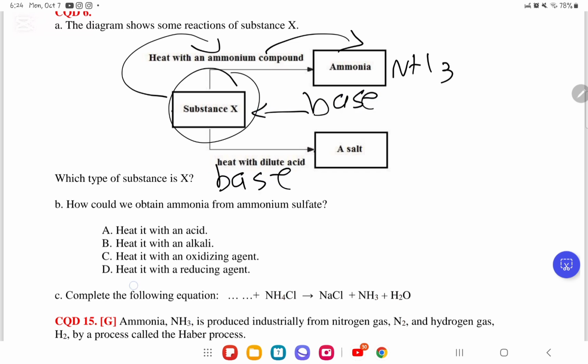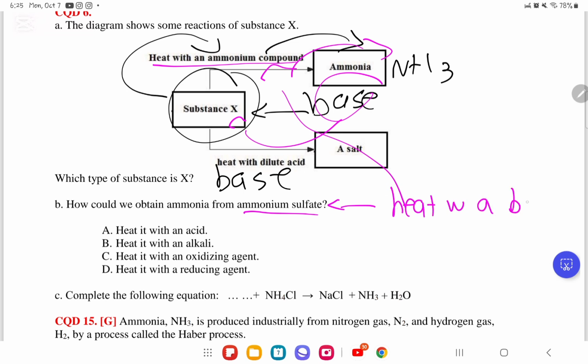Now, how could we obtain ammonia from ammonium sulfate? So what is ammonium sulfate? Ammonium sulfate is an ammonium compound. And we said if we heat an ammonium compound with a base, we will produce ammonia. So all we need to do is heat ammonium sulfate with a base. Base means an alkali.